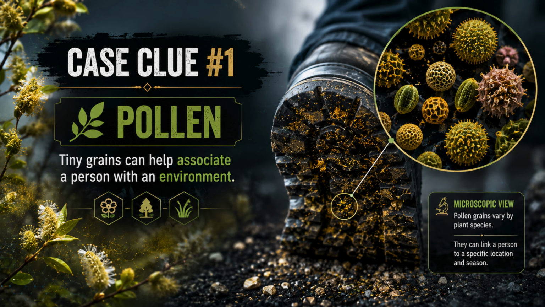The pollen does not automatically prove that the person committed a crime, but it may provide an association between the footwear and a particular environment, especially if the botanical material has distinctive characteristics and the circumstances support that interpretation. That is Locard's principle in action.